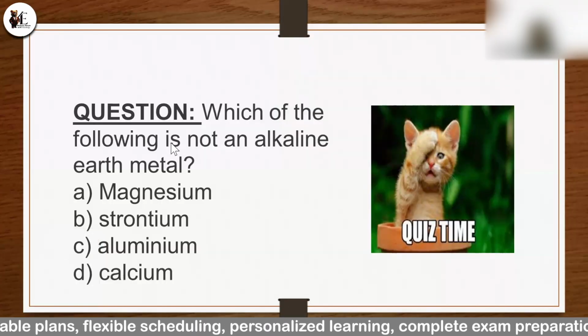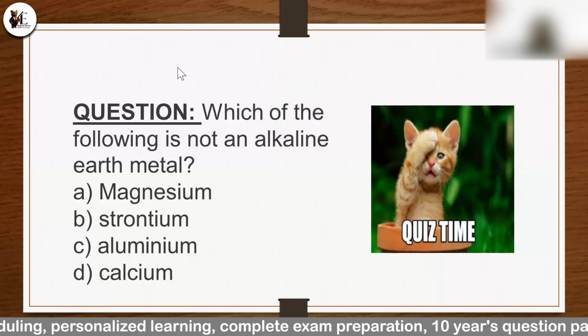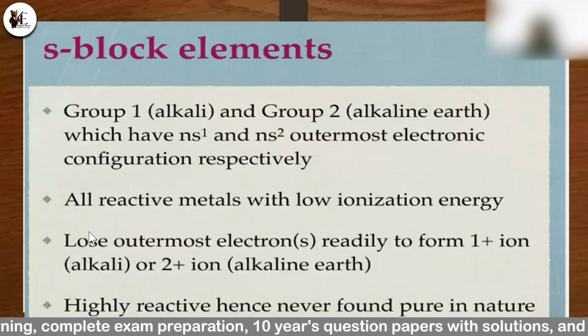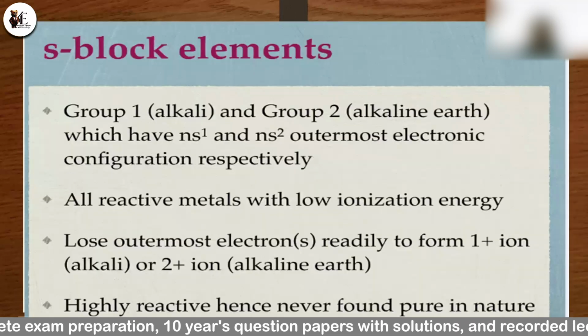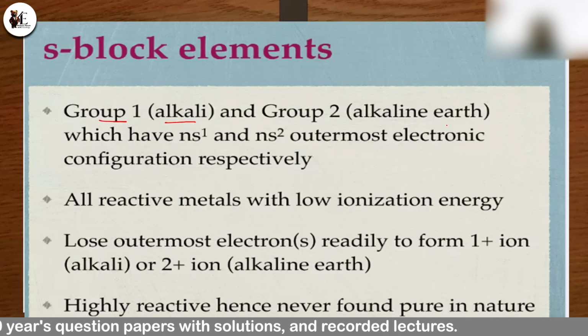Can you answer this question? Which of the following is not an alkaline earth metal? Aluminium. Yes, it is aluminium. So in the s-block elements, we have two groups. Group 1 is known as alkali metals and group 2 is known as alkaline earth metals.